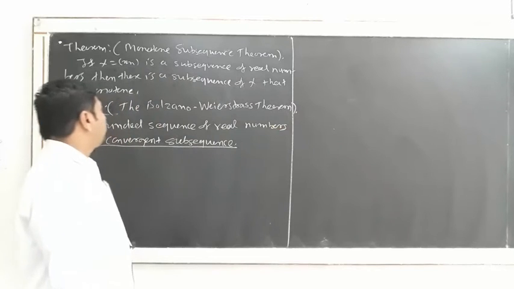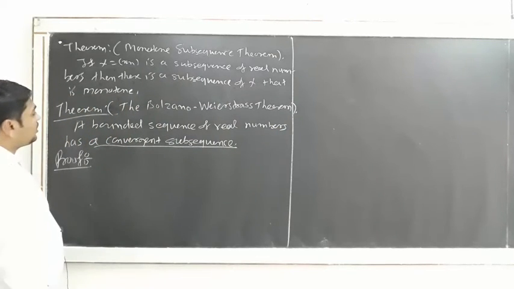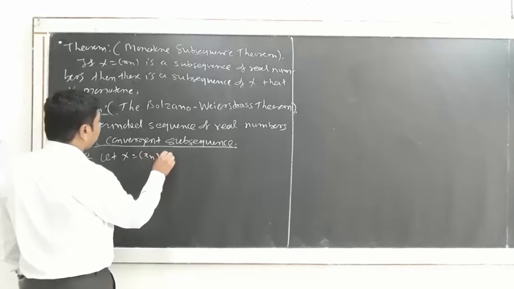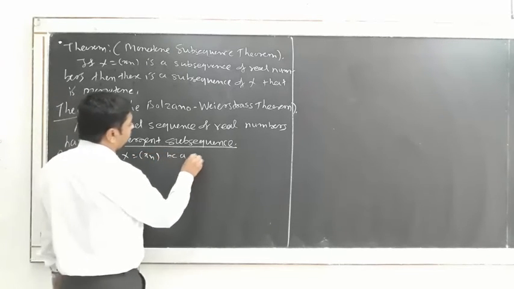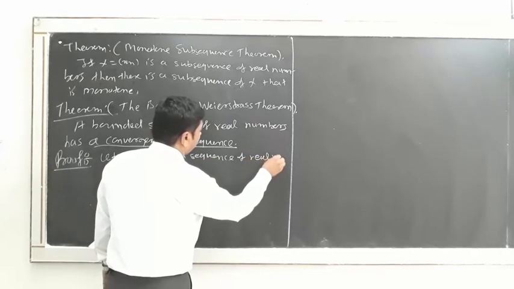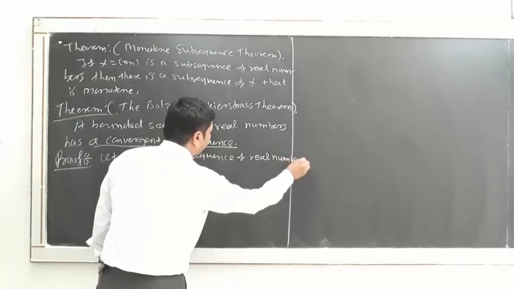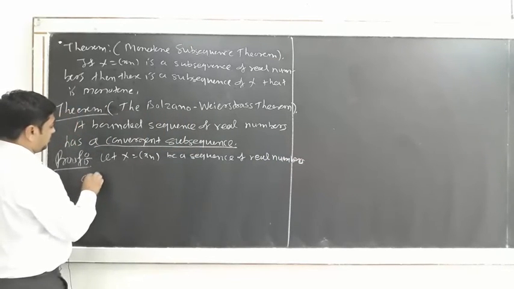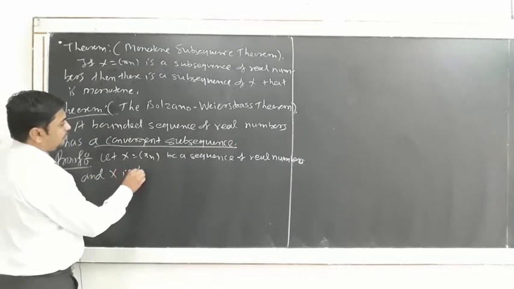So we prove this. Suppose x is equal to (xn) is a sequence of real numbers and x is bounded.